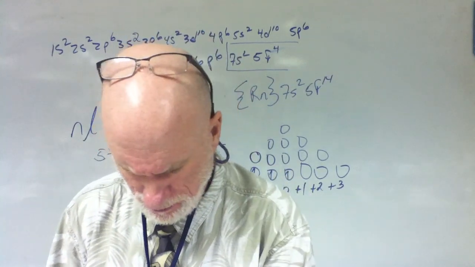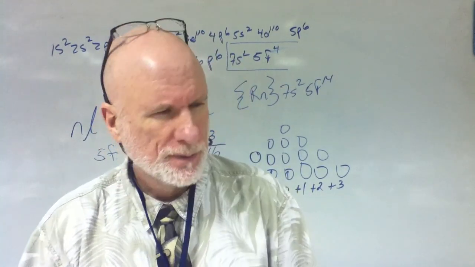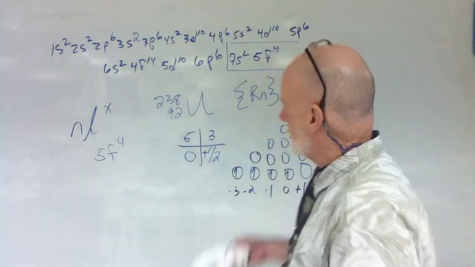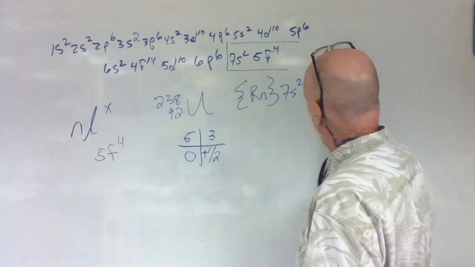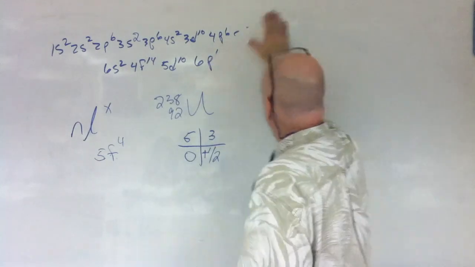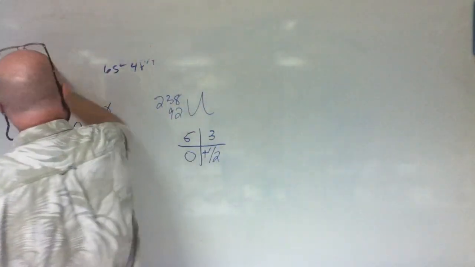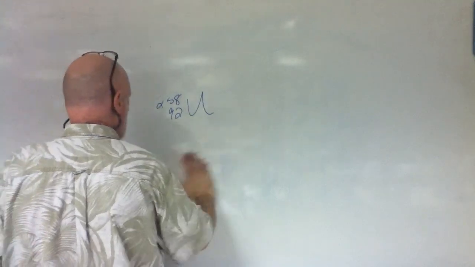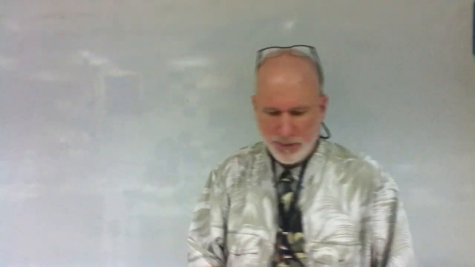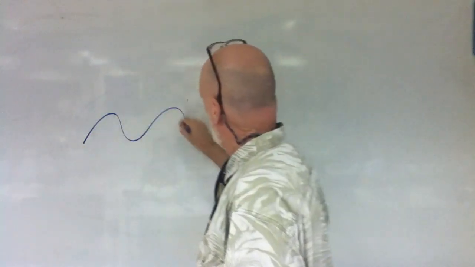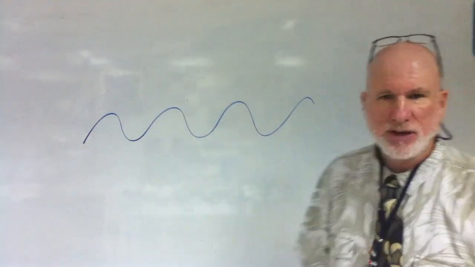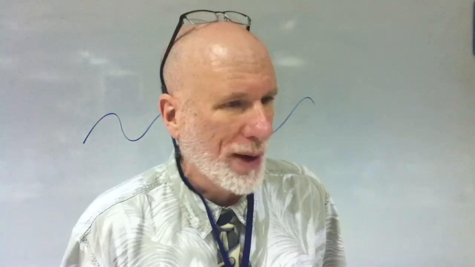Electromagnetic radiation, correct? What's the main equation for electromagnetic radiation? Actually, there are two equations that organize how it works. You have to know what the amplitude is, the wavelength, the period.